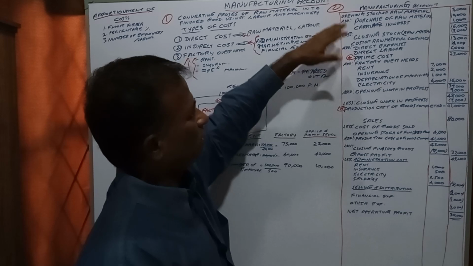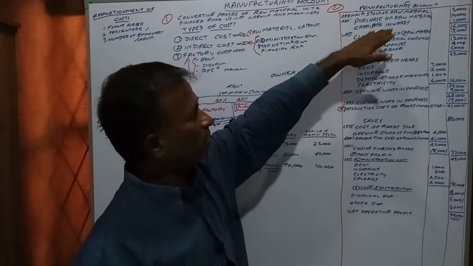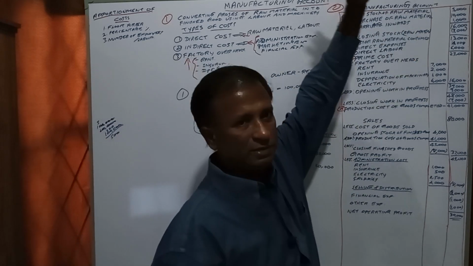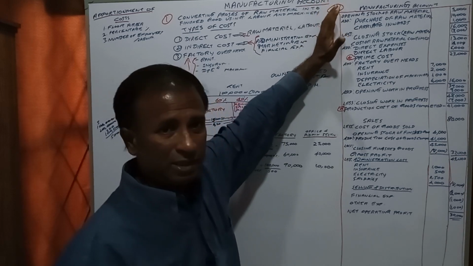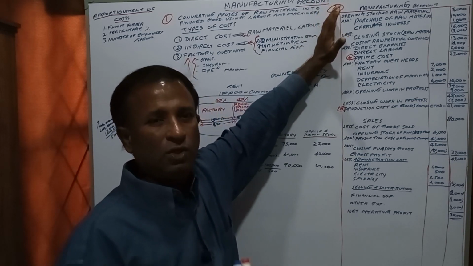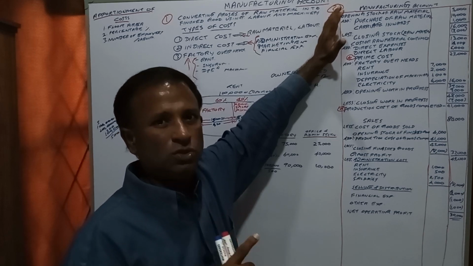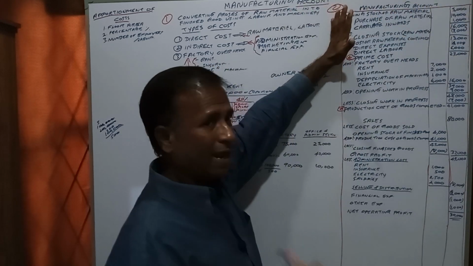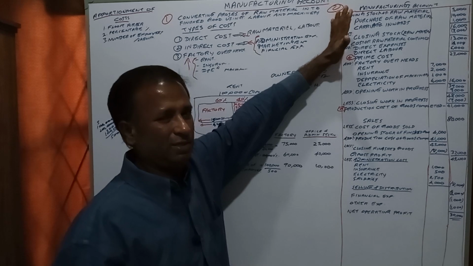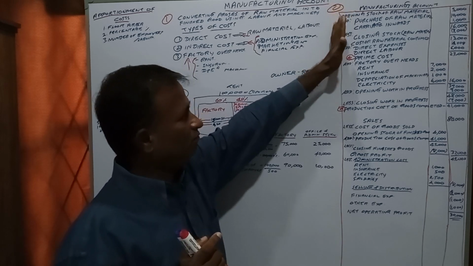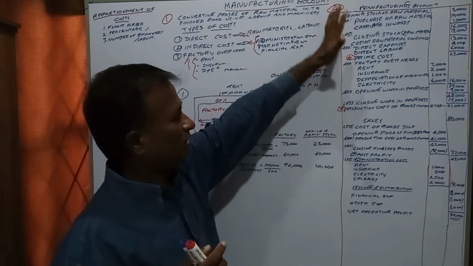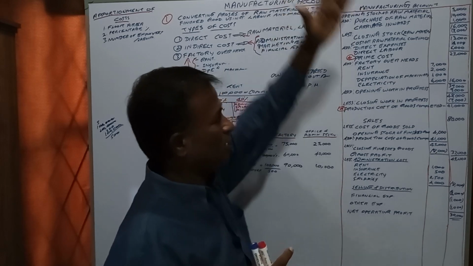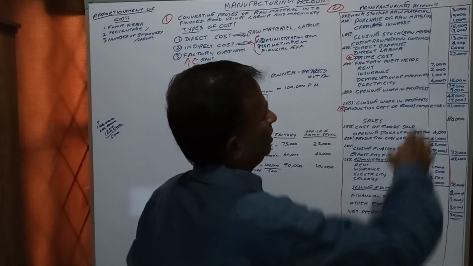In the manufacturing account, we always start with the opening stocks of raw materials. Here raw material is 5,000. Then purchases of raw materials, not the finished goods. In the manufacturing section, we don't concern ourselves with finished goods. We say purchase of raw materials, so 10,000.